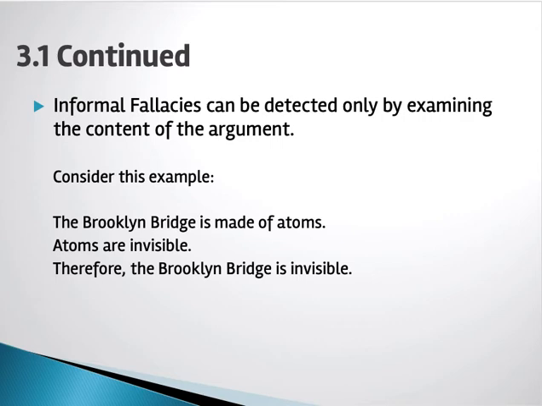The Brooklyn Bridge is made of atoms. Atoms are invisible, therefore the Brooklyn Bridge is invisible. Well, we know that this is not true, but this sounds like a good argument. This is a fallacy, and we will talk about this fallacy later on in the 3rd week. It's a fallacy of composition. So this is an example of an informal fallacy.